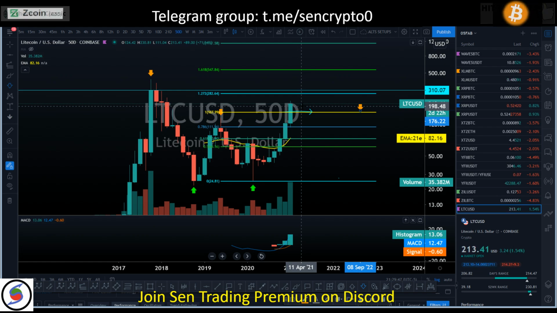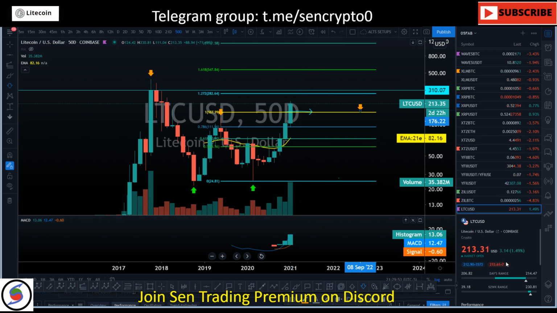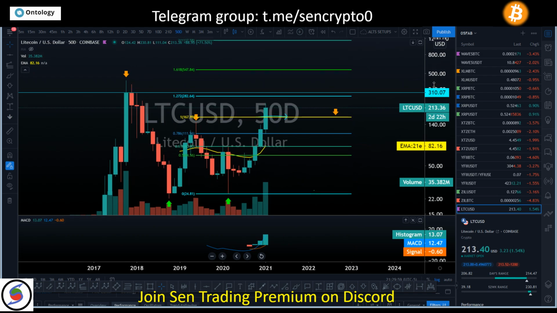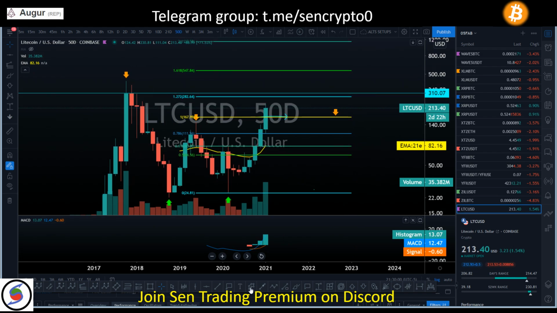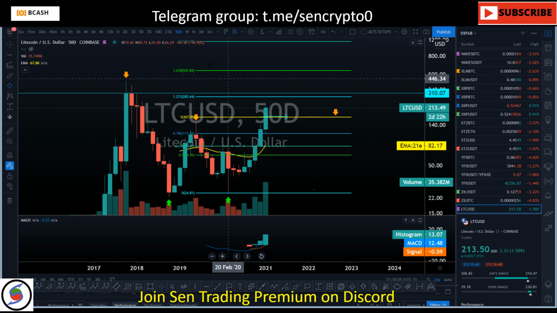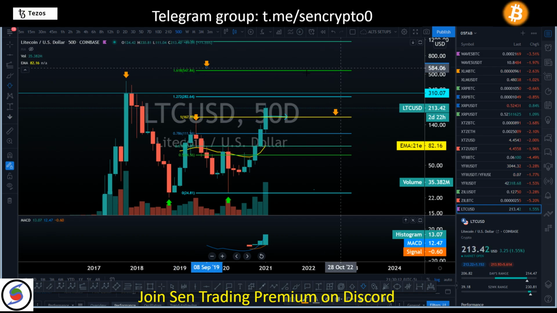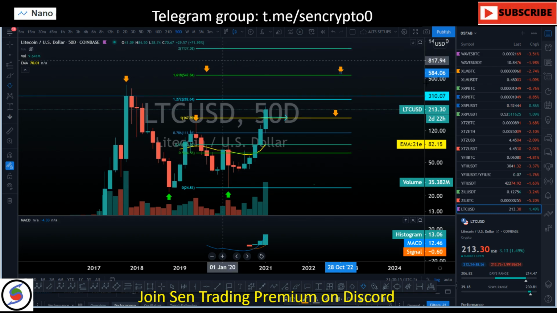So right now we're looking for the next move to the upside, up to basically 288 and above $300 range for Litecoin. That's another nearly 40 to 50% move over the next few days, few weeks, and so on. Now the next move we're going to be looking for, going back to the Fibonacci extension tool, is the 1.618 extension, which is almost at 550 Litecoin. I think Litecoin could get a nice move to the upside before the end of the quarter.